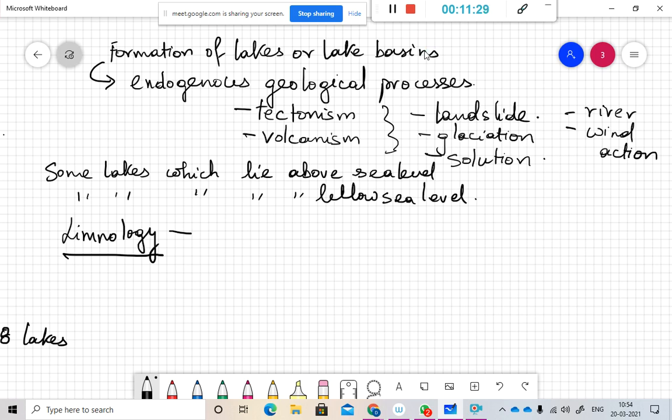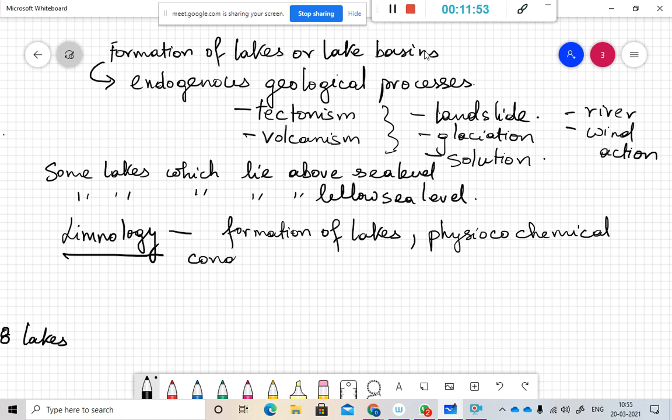Physical conditions are things like shape and depth, and chemical conditions are what salts and minerals are present inside.